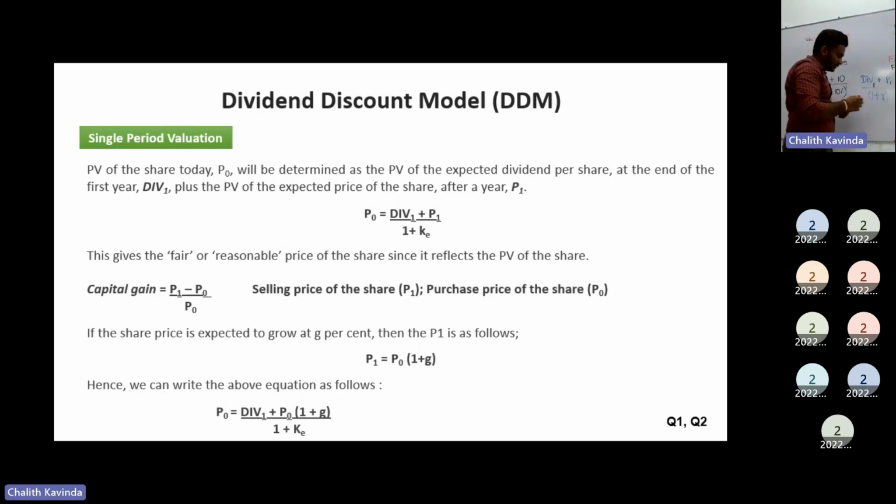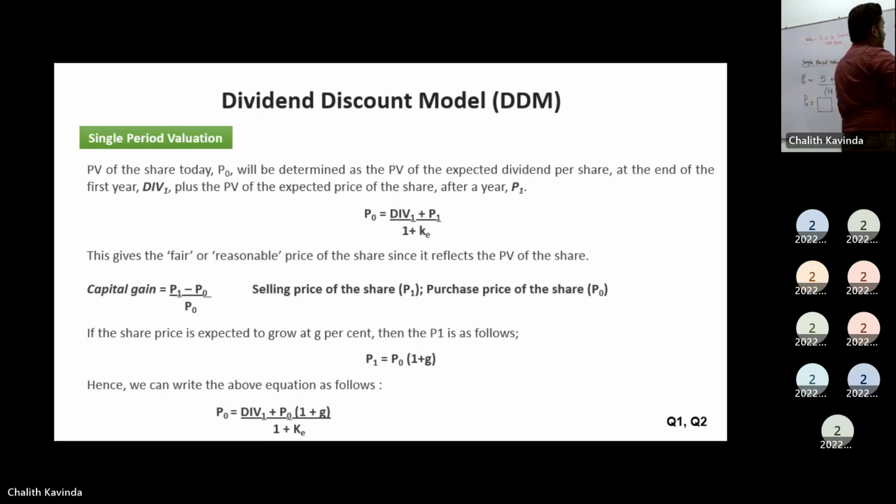Then here you could see that I have replaced this by putting it like this: next year dividend plus P0 into 1 plus growth rate, divided by 1 plus r. You need to convert into percentage terms.